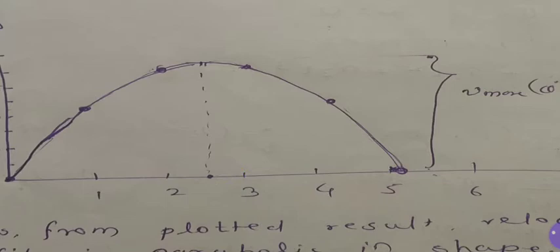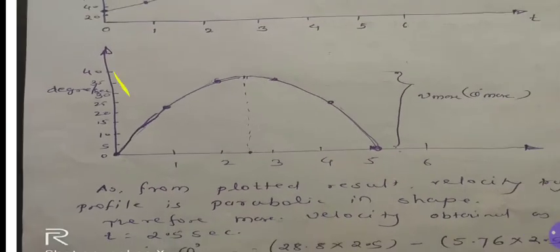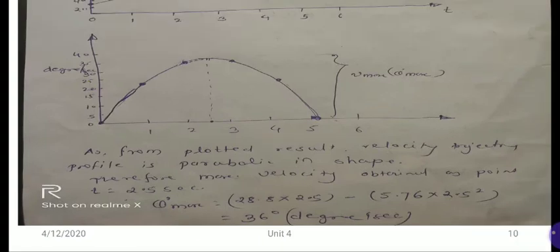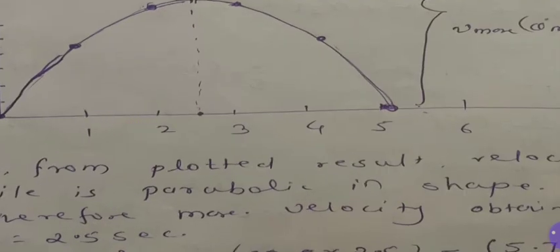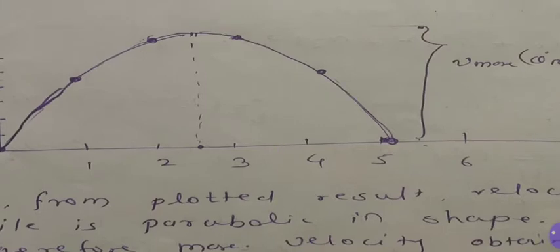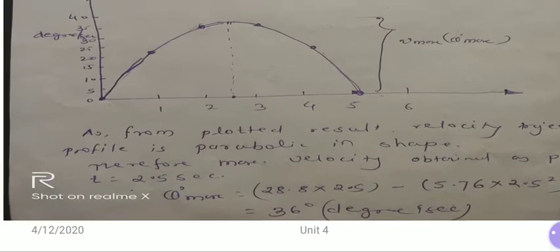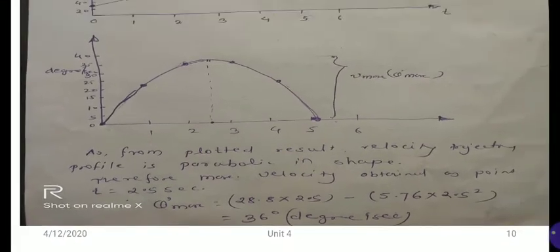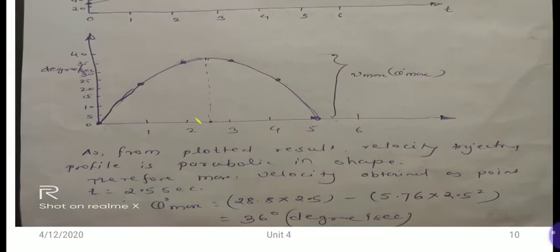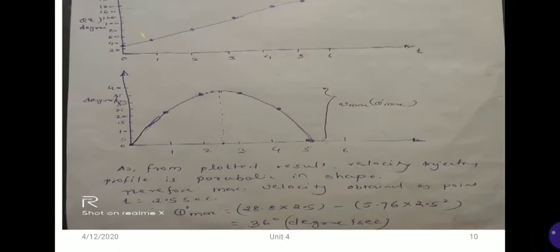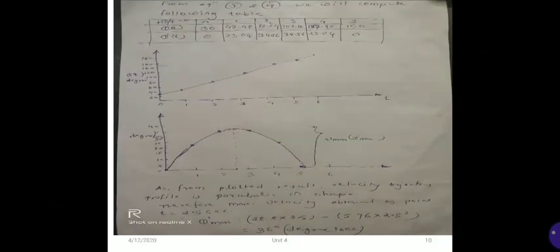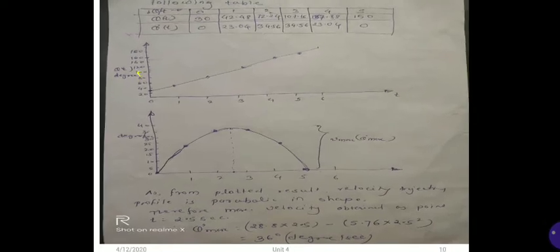At this particular angle the maximum velocity takes place. To find the maximum velocity, the time is at the middle portion of this parabolic velocity profile, which is 2.5 seconds, and if I substitute this value, it becomes 36 degree. So 36 degree per second is the maximum velocity at the point 2.5 second.